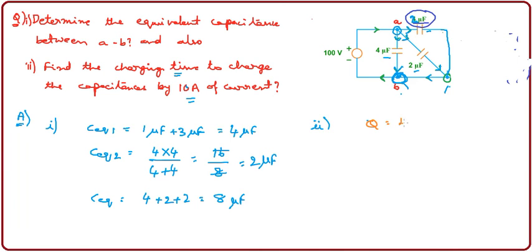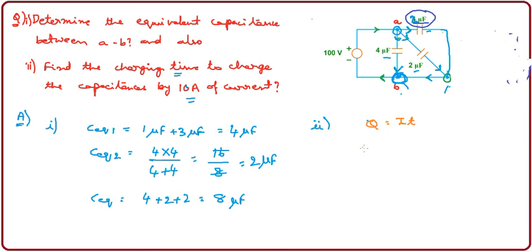Q is equal to I into T. Q is the charge in coulomb, I is the current and T is the time. I is the charging current, up to where we need to charge our capacitances, and T is the charging time.